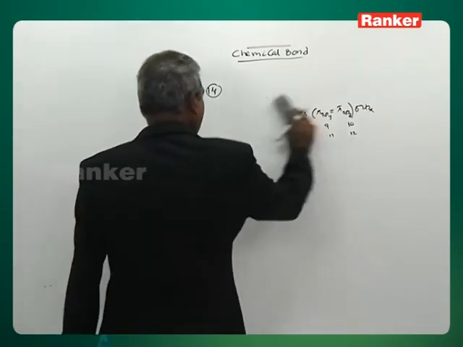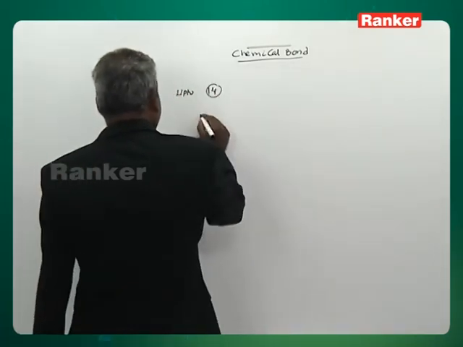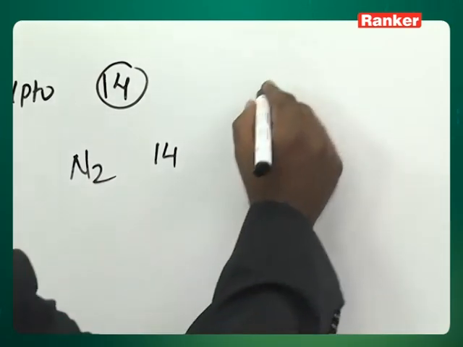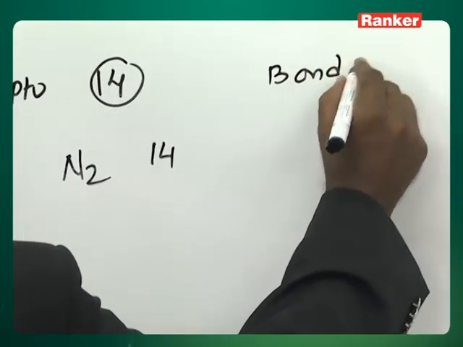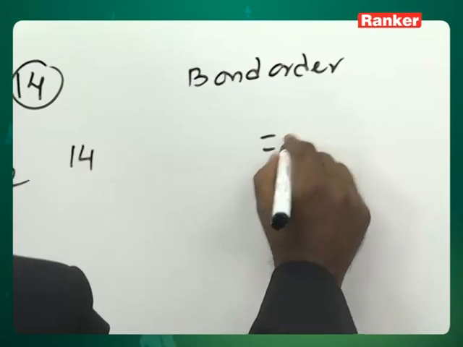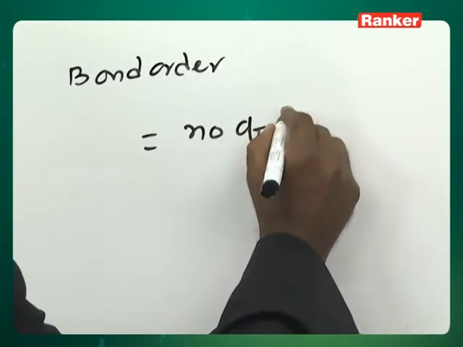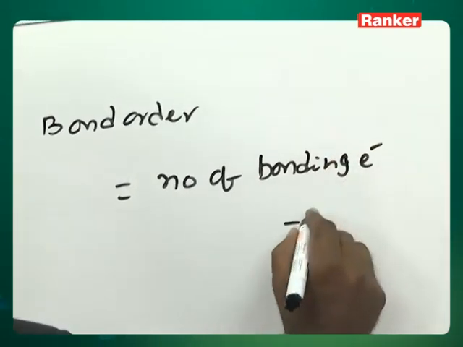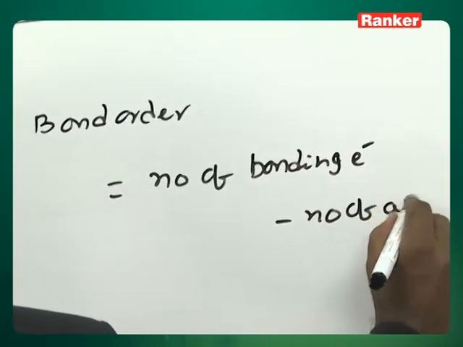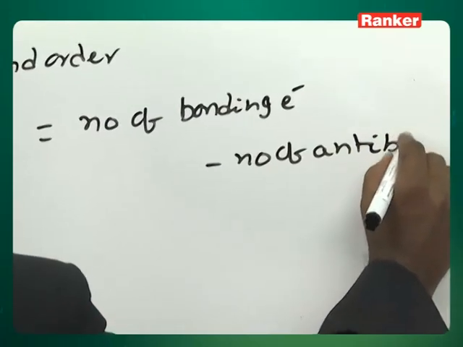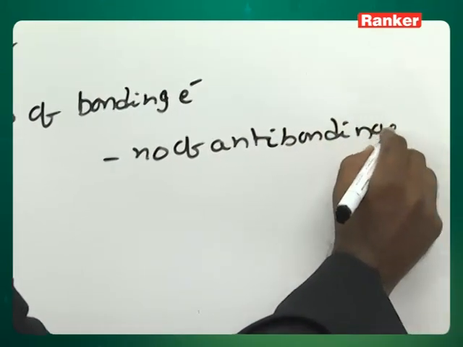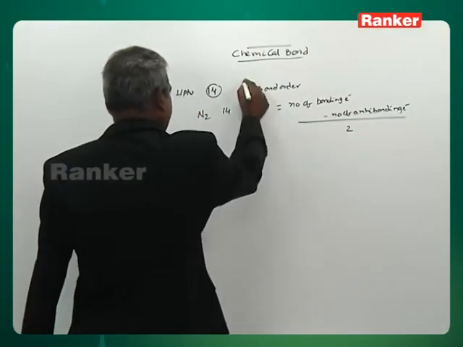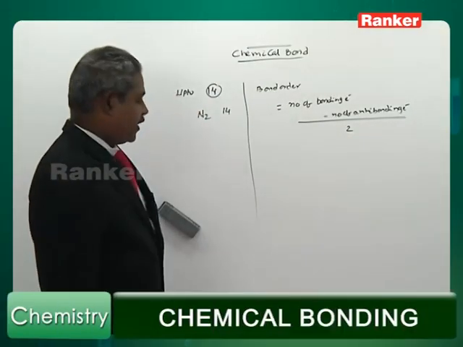So let us try to find the bond order of N2, 14. Bond order is equal to the number of bonding electrons minus the number of anti-bonding electrons, divided by 2, after duly writing the electronic configuration.